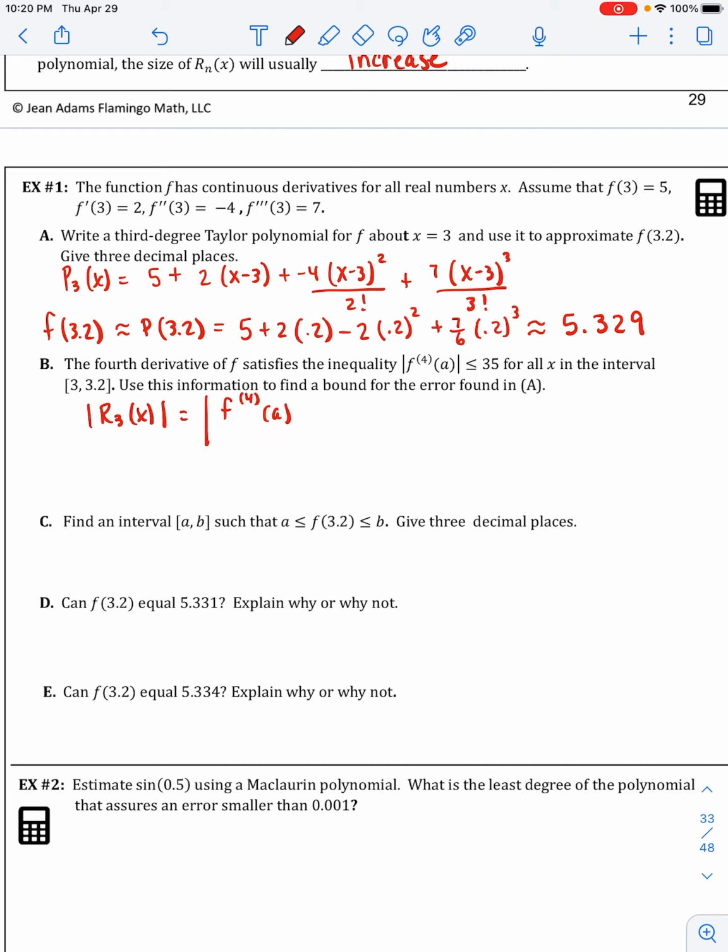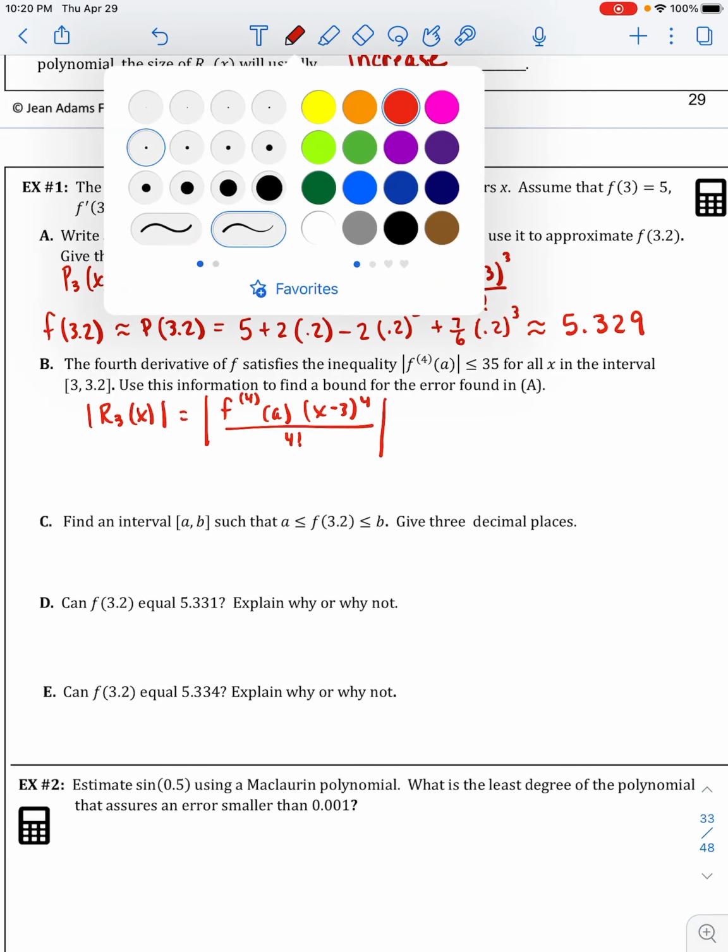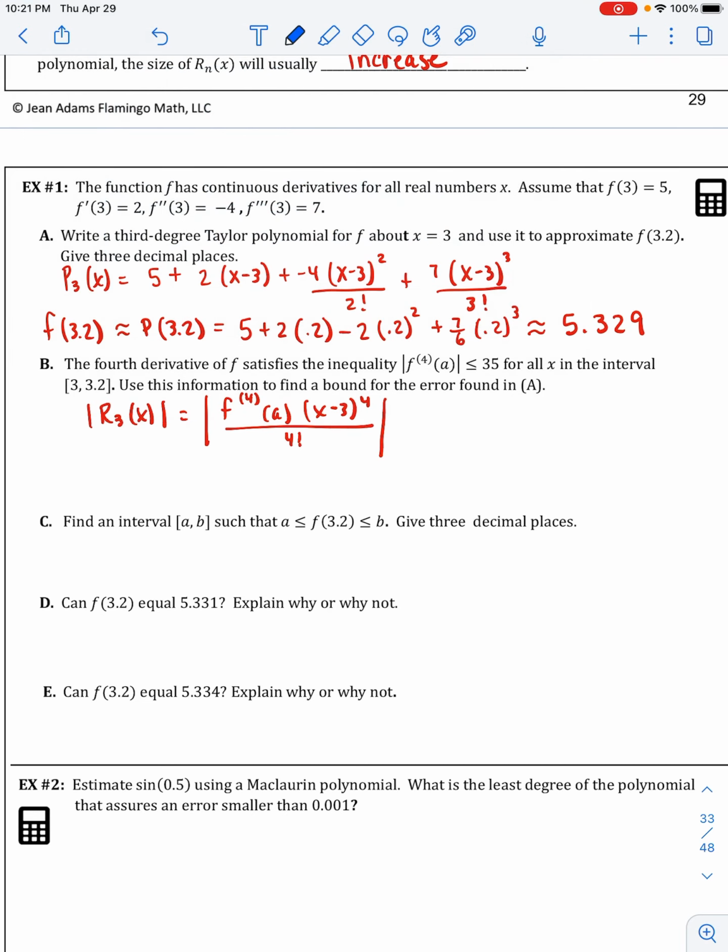So the absolute value of that remainder, sub 3 of x, is equal to the absolute value of f, the fourth derivative, at a, times x minus 3 to the fourth over 4 factorial. And remember, we said that this right here is your capital M, right?